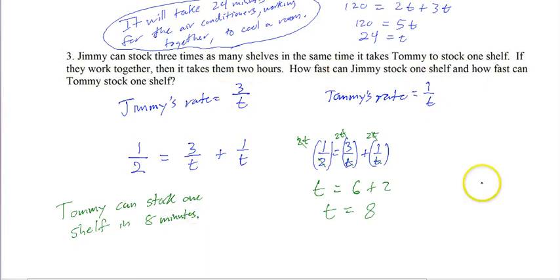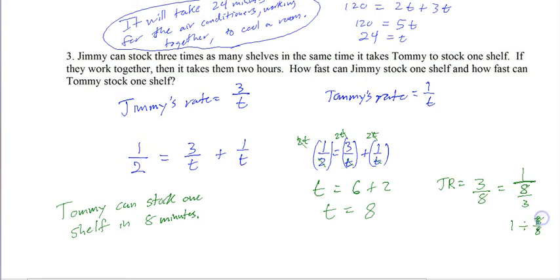But see, Jimmy's rate is 3 over 8. So I'm going to put JR here for Jimmy's rate. It's 3 over 8. But we want 1. So here's the trick. If you want to know his time, you can rewrite it like this. 1 over 8/3. If you flip it, and the reason is this, whenever you're dividing by a fraction, you would flip it. So this would be 1 divided by 3/8. And there it is.